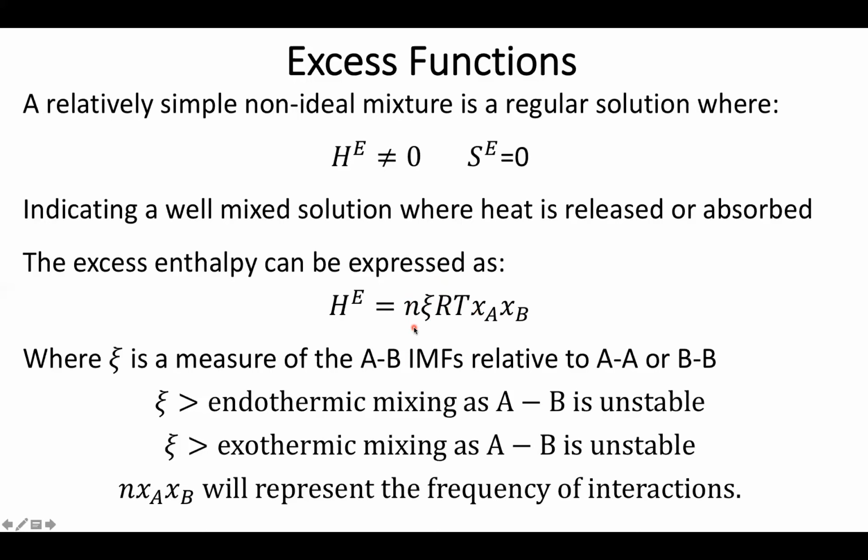It's also worth noting n here is also present to indicate how common the interactions occur. In general, how much overall A and B do I have, as well as we have to account for here that enthalpy is given as a size extensive property. If you want to go ahead and turn enthalpy into a size intensive property, you can give molar excess enthalpy just by dividing both sides by n.